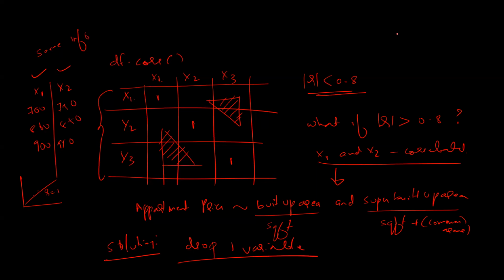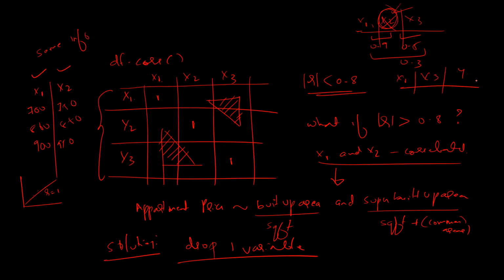Let's say you have three variables, x1, x2 and x3. You see the correlation. You get 0.9 here and 0.5 here, and here around 0.3. You have to drop this variable and go with only x1, x3 and y.